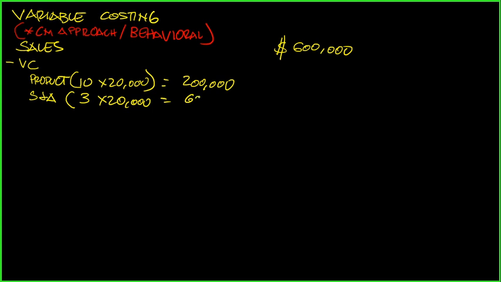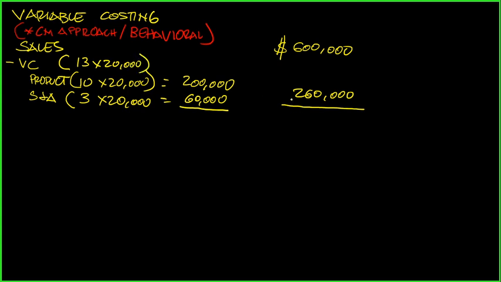So you now have 60,000. Okay po, so this will now be 200, ayan, 260. Or if you want to have a shortcut, you just add this one and you will get 13 times 20,000, and that's now your total variable cost, which is 260. Ta-da! And the difference of these two will be 340. Ayan, 340,000, which is known as your contribution margin.